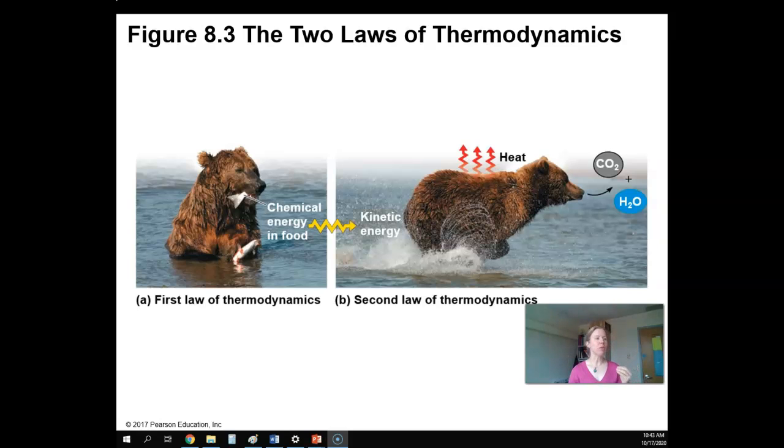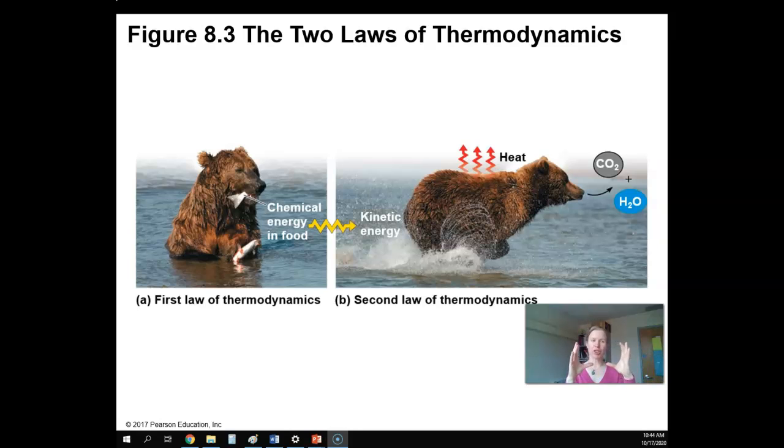And so if you think about our open system, what we see in these two laws of thermodynamics is that the first law basically says energy can't be created or destroyed. That's the first law of thermodynamics. It can be transferred. So this bear is eating a fish.